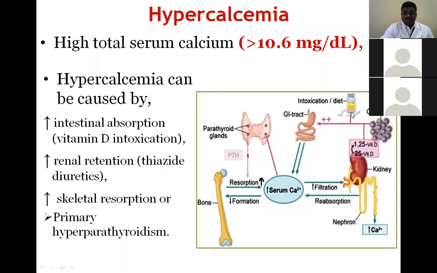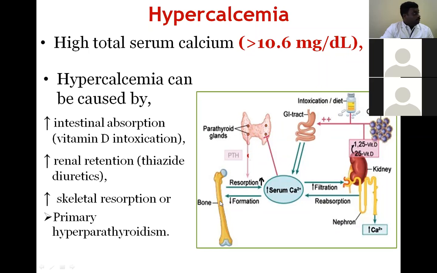There are some drugs also that produce more calcium absorption in the intestine. That is one. Next one is renal reabsorption of calcium: when more calcium is reabsorbed, that is also one of the reasons for more calcium in the blood. Next one is bone resorption.